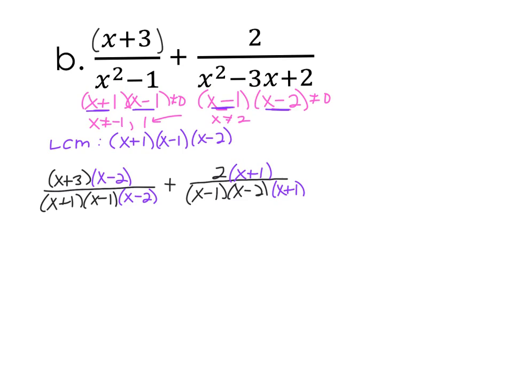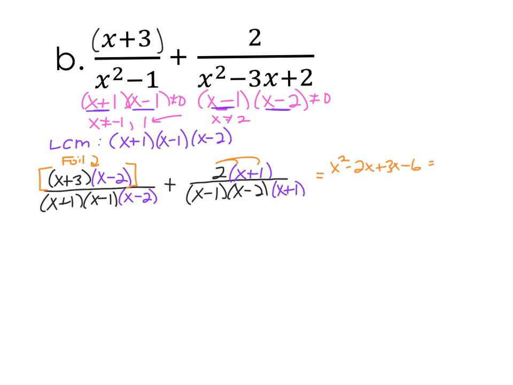But the numerators, we have some work cut out for us here. We do have to FOIL in order for us to be able to combine like terms. So I'm going to FOIL this part right here, and then I'm going to distribute in that second fraction. If I FOIL the x plus 3 and the x minus 2, I'm just going to write that over here. That's going to give me x squared minus 2x plus 3x minus 6.